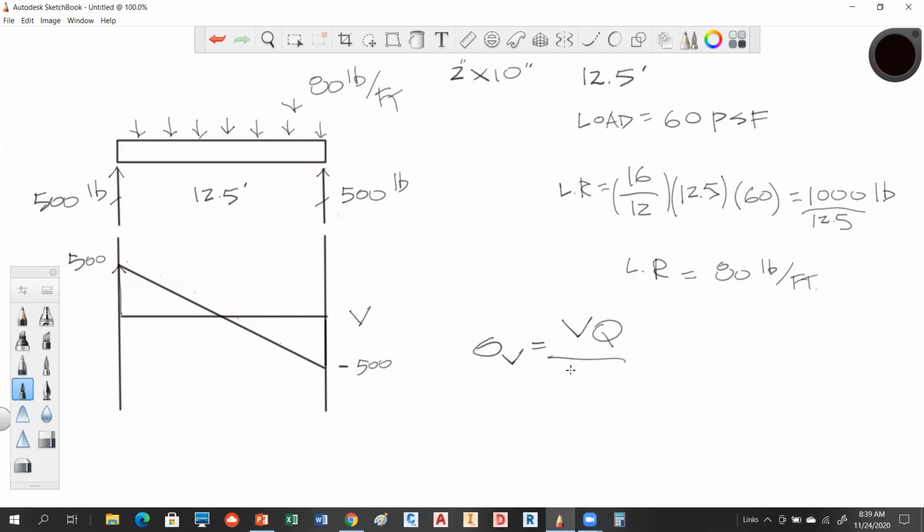VQ over IB. Does anybody see that? Page 413.